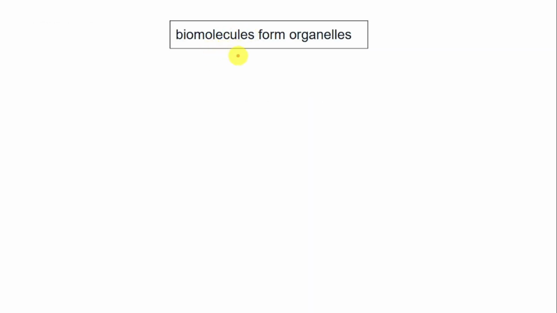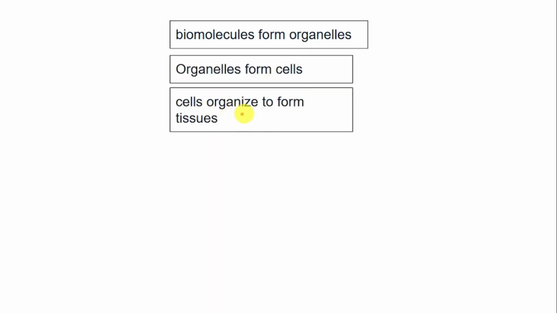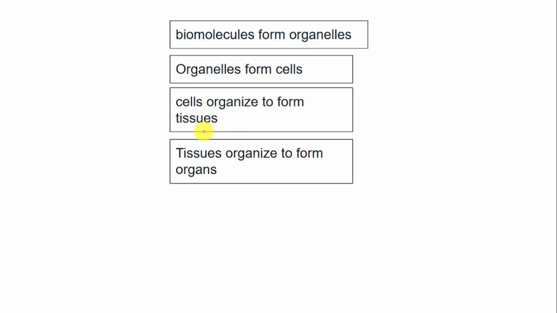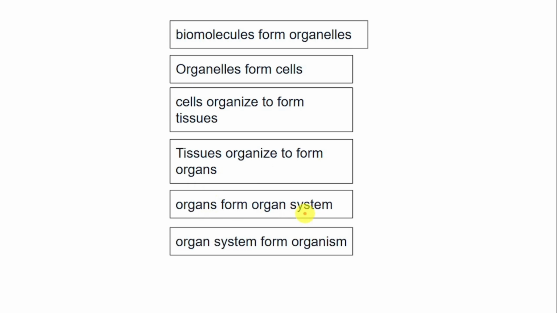So see, biomolecules form organelles, right? Organelles form cells. Cells organize to form tissues. Tissues organize to form organs. Organs form organ systems. And finally, organ systems form the organism. Okay.